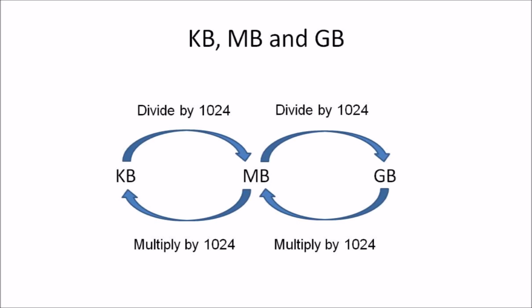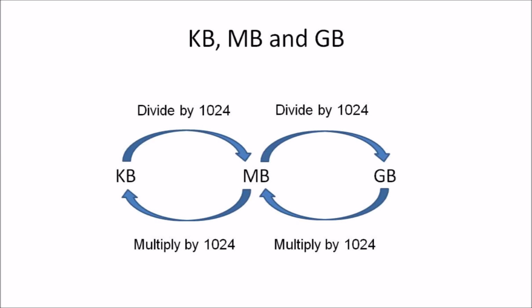From kilobytes to megabytes, if I'm going from a smaller unit to a larger unit, I will always have to divide. If I'm coming from a larger unit to a smaller unit, for example, if I'm converting from megabyte to kilobyte or gigabyte to megabyte, I will always multiply. So from a larger unit of measurement, I will always have to multiply if I'm converting to a smaller unit of measurement.